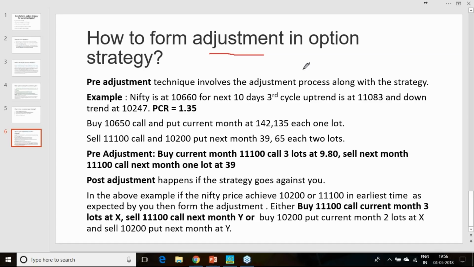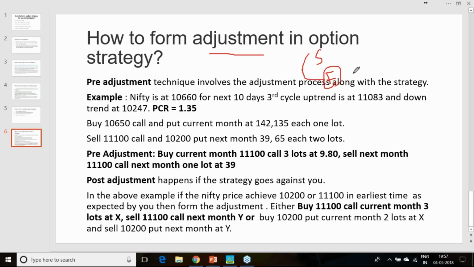I have initiated an option strategy, and it has two probabilities: either the strategy gives me success or it gives me failure. Once the strategy fails, I do some planning and add some new components at this failure point so that I can recover the losses I have incurred.